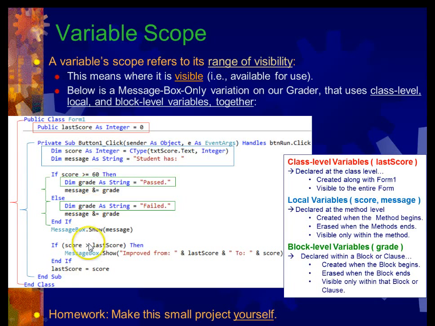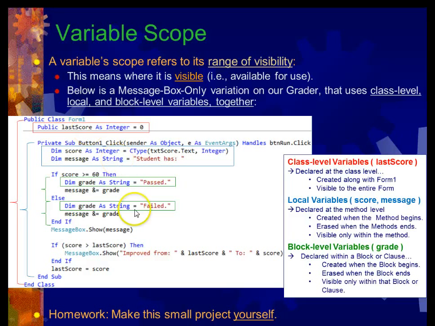So what we do down here is we take the score and we store it in this last score variable, which was declared outside of the button click code, right? So then that last score is holding the older score, right? So when we enter in a new score, it still knows what the older score is.